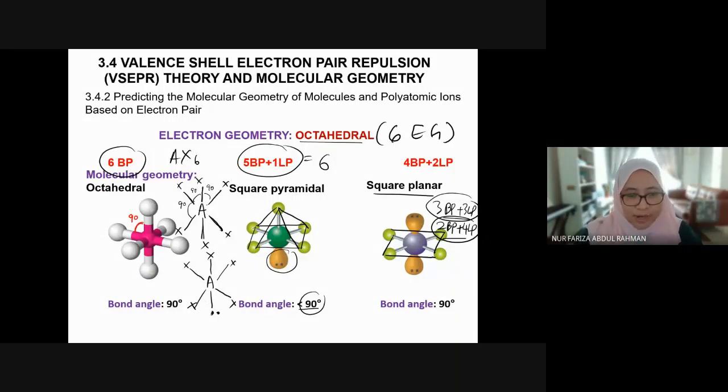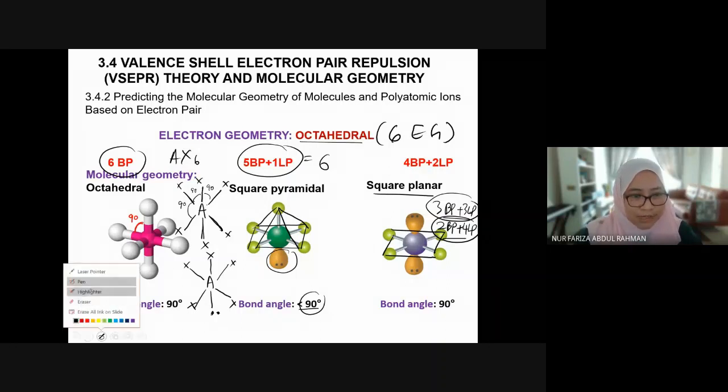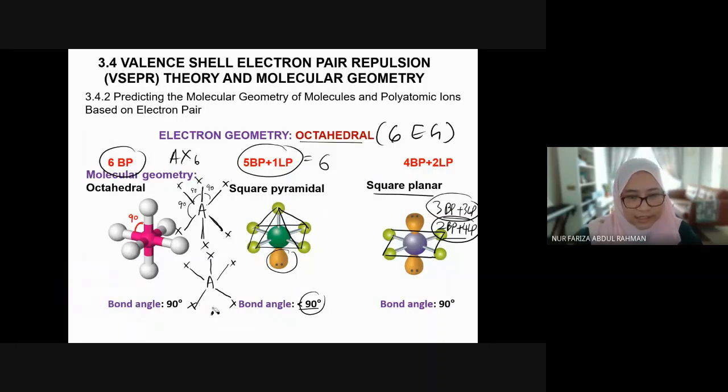So this is square pyramidal. So we make it nicer. Erase the line, make it closer to the central atom. Can you see the square pyramidal? This one is not pretty either, but you see this is square pyramidal. Yep, this one. Ta-da! Square pyramidal.